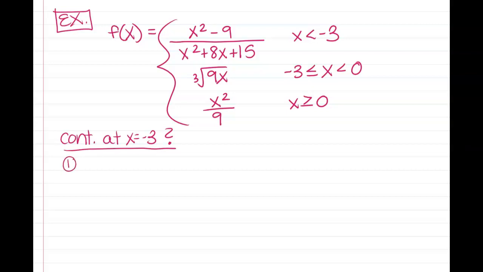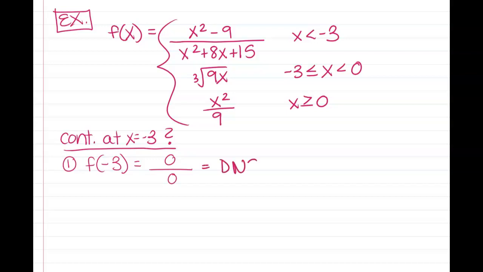So first, f of negative 3. f of negative 3 would be negative 3 squared, 9 minus 9, which is 0. The denominator would be negative 3 squared, 9 minus 24 plus 15, which is 0. So as far as a value, this does not exist.